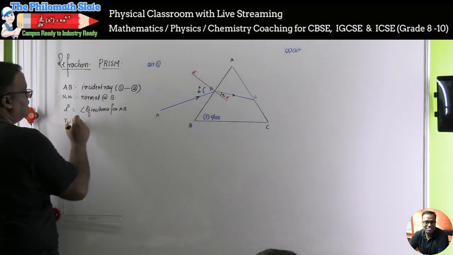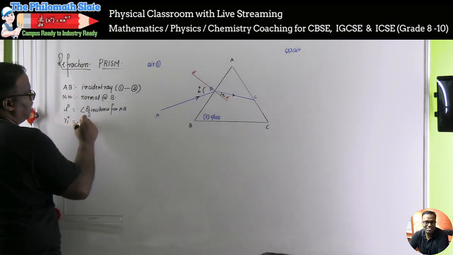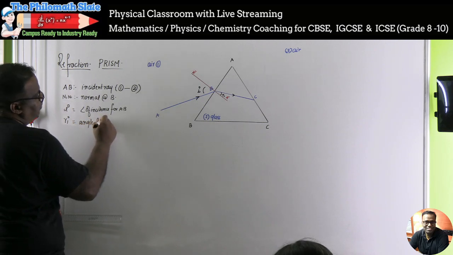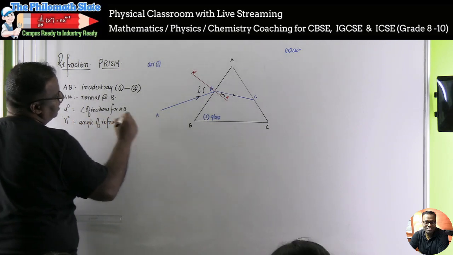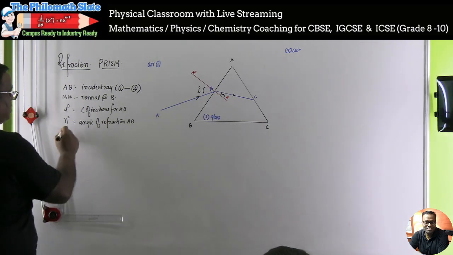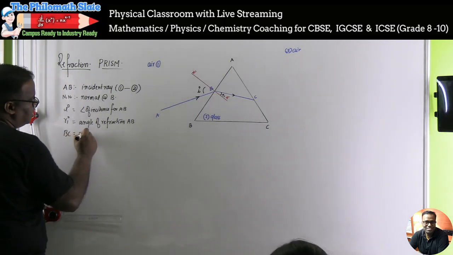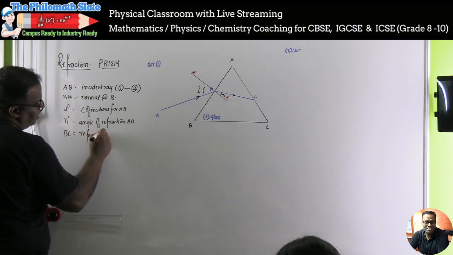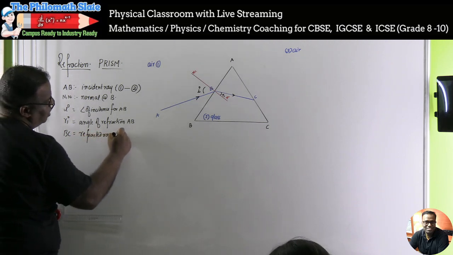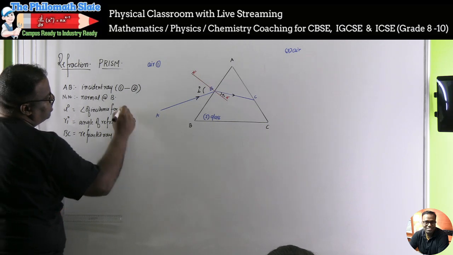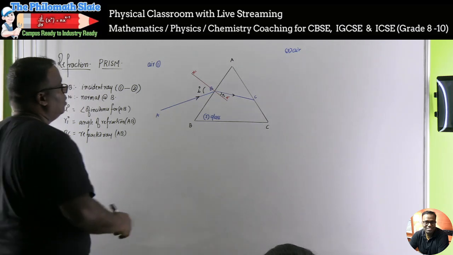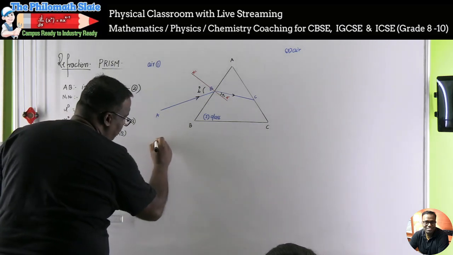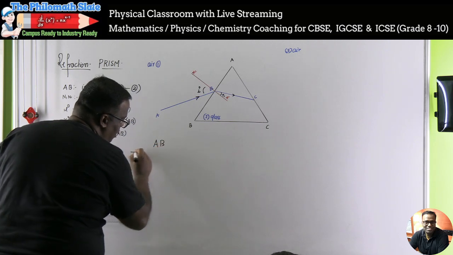R1 is the angle of refraction for the AB side. BC is the refracted ray for AB. I am writing all this AB so that you understand, okay? So if you look at the interface AB, then light is traveling in what manner?